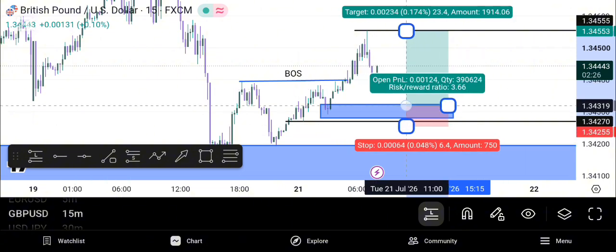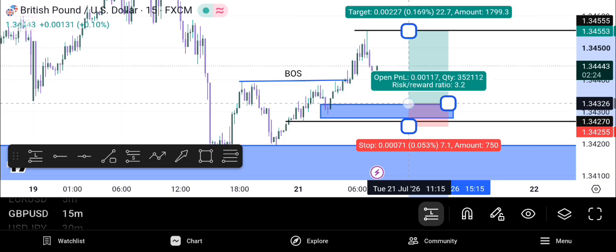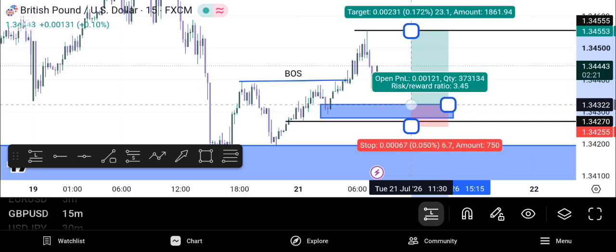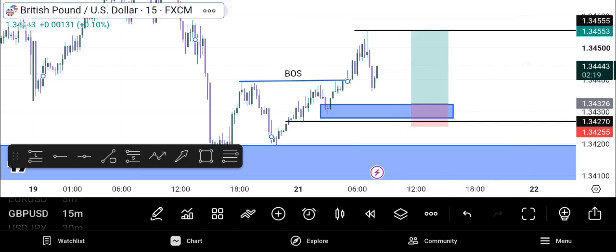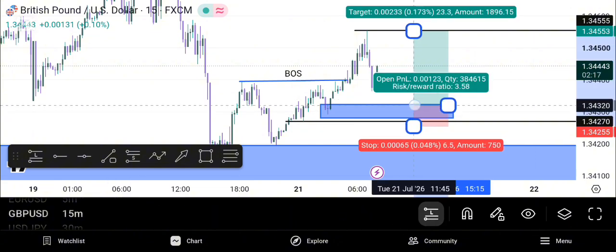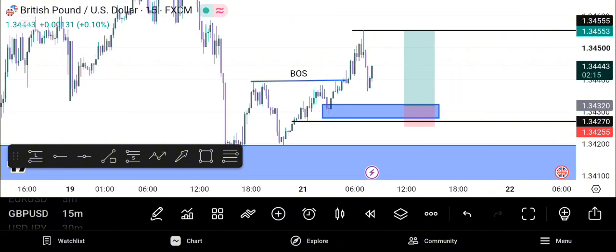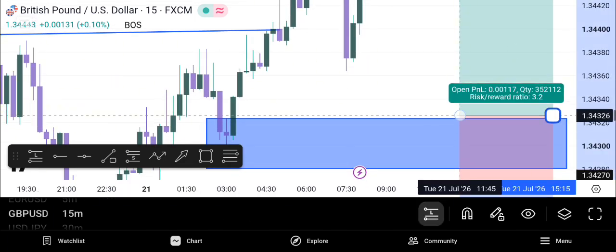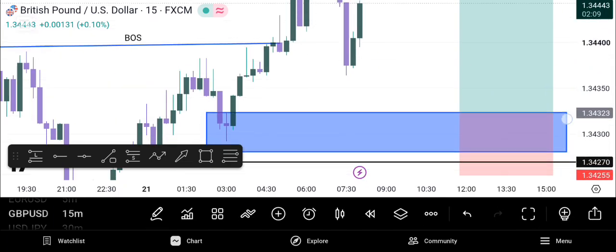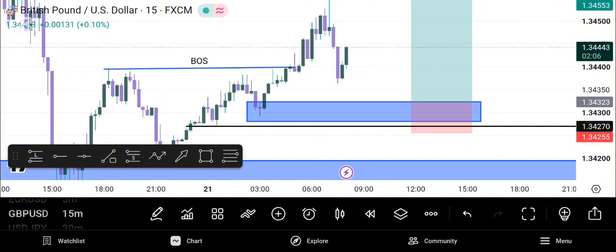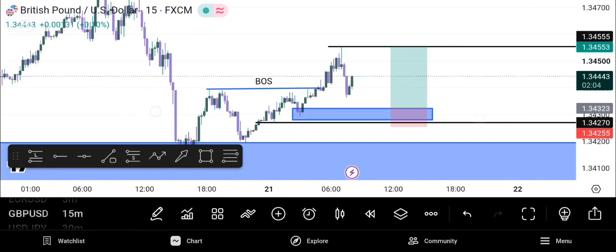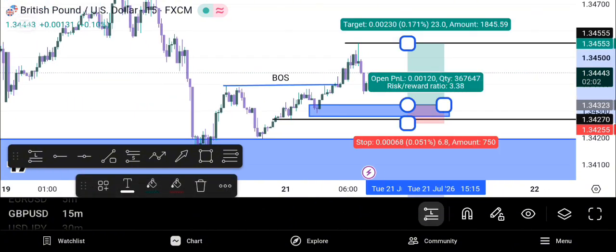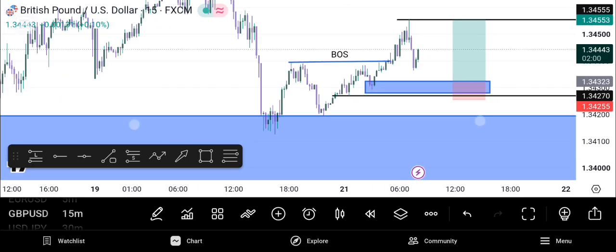So this will be entering this trade. It's giving me a 1:3. So I have my first position at 1:3.3 risk to reward ratio.